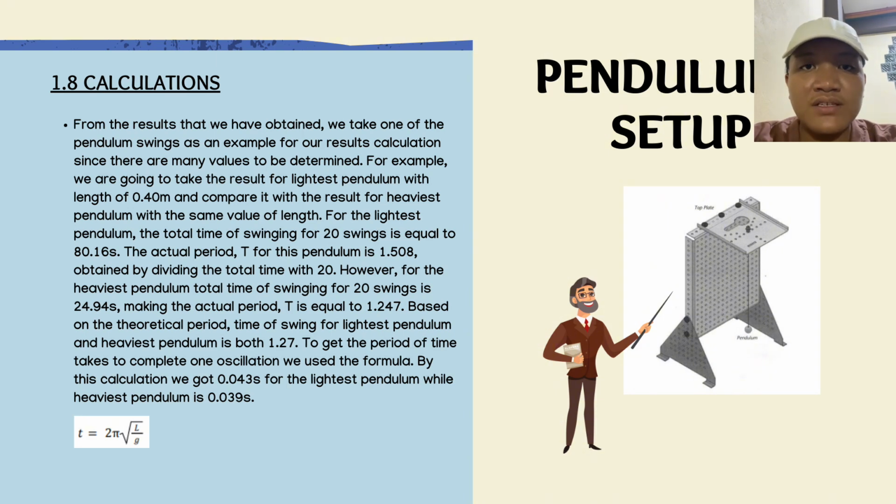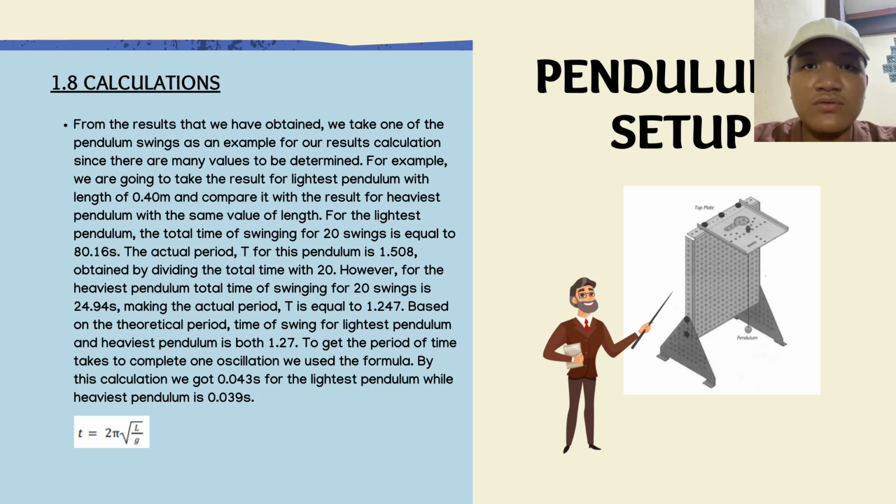we calculated the theoretical period. For the heaviest pendulum, which is 0.40 meter, 20 swings took 24.194 seconds, resulting in T equals 1.247 seconds. Again, we compare this with the theoretical periods.